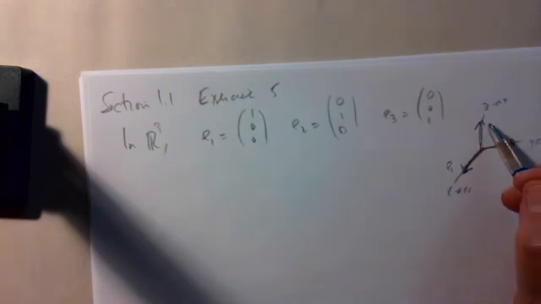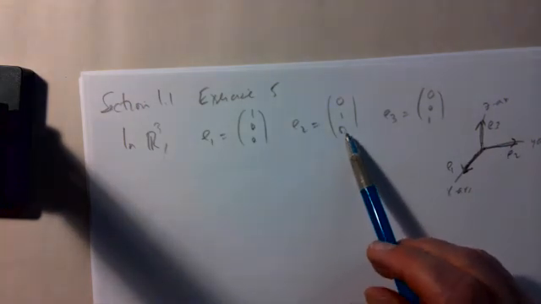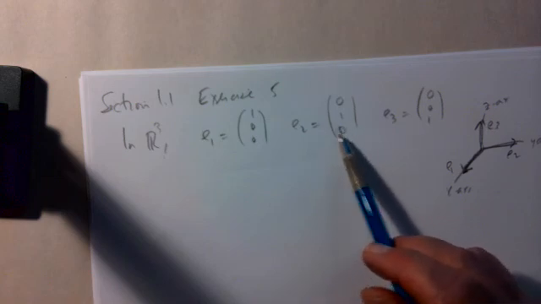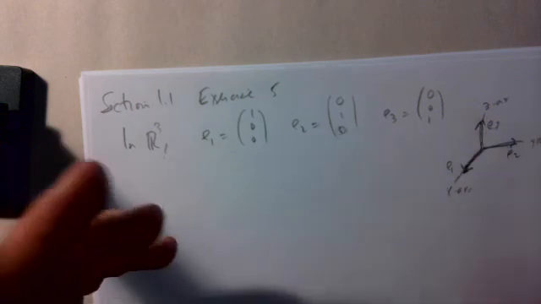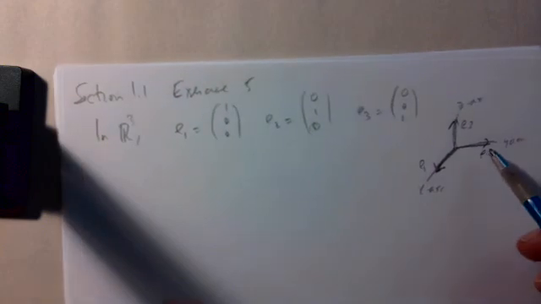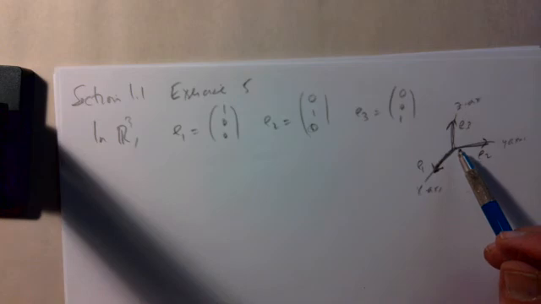And if you go 1 unit in the z direction, that's the vector E3. You don't need this to do the problem, but it's always good to have pictures of things. Geometrically, a three-dimensional vector is just a vector in ordinary three-dimensional space, and these are the unit vectors in the positive direction on each axis.